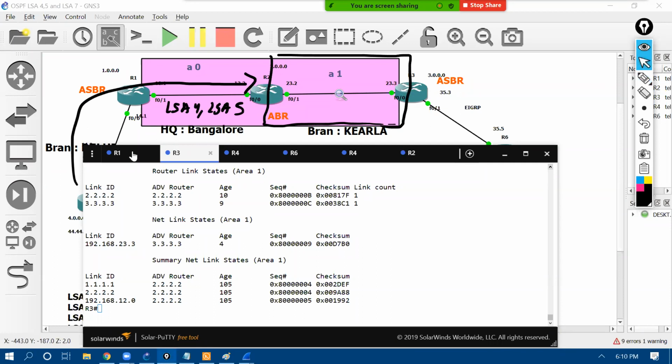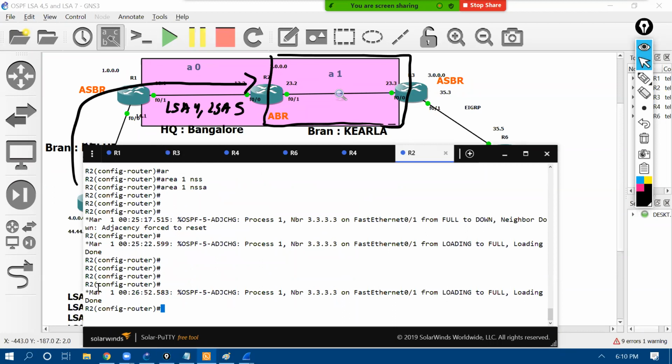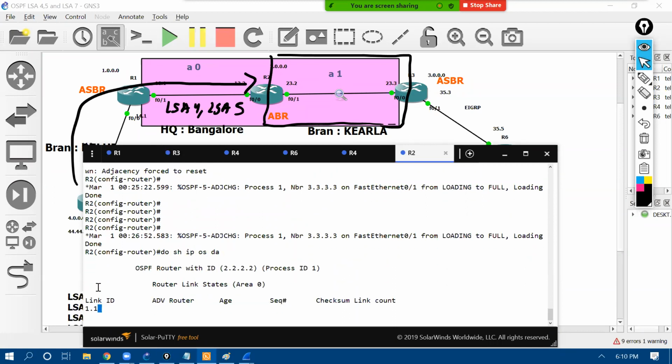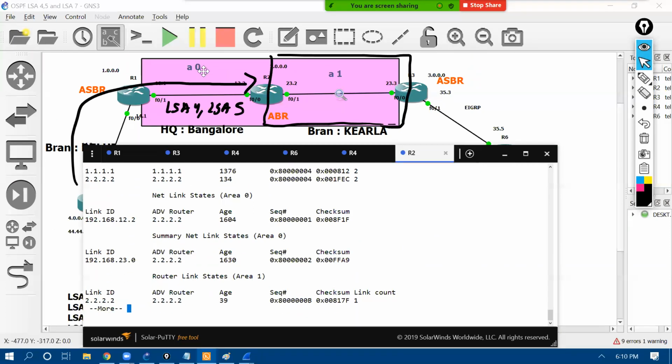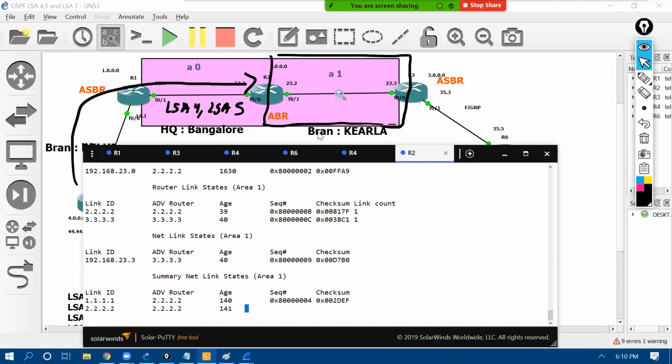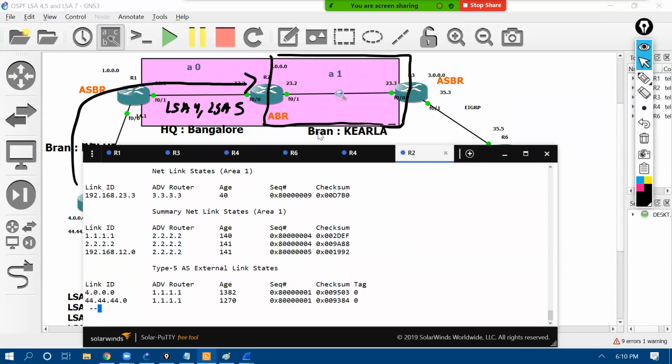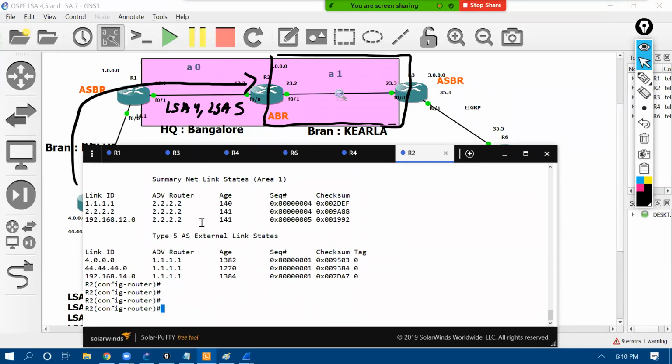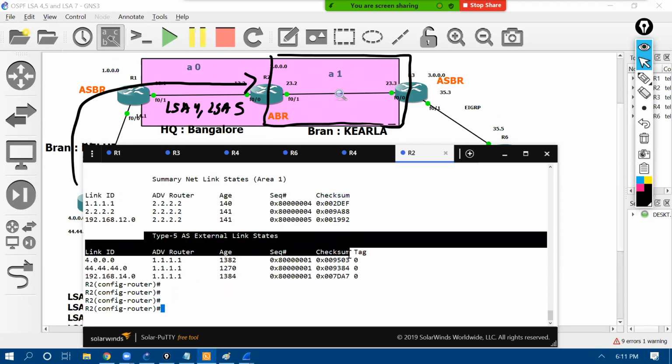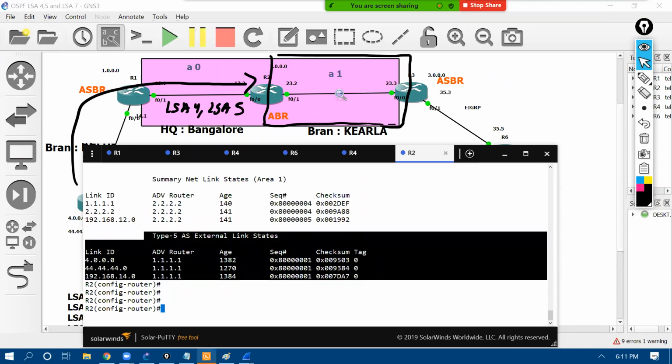But if you check on the R2 router, R2 will have it in the area 0 database table, right? It is there, but it's not there in area 1, because that's our requirement.